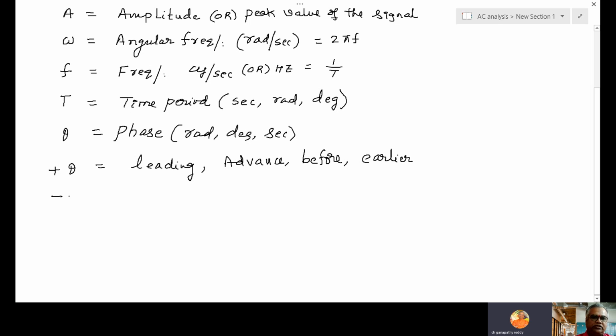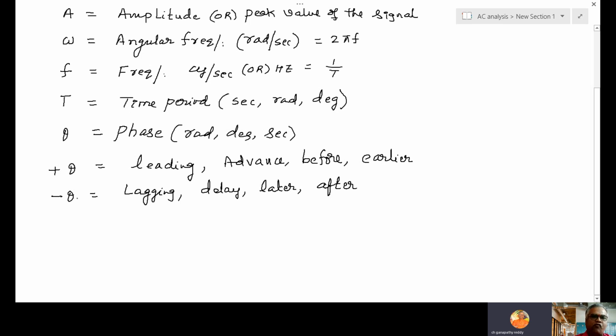If it is minus theta, it is lagging, or delay, or later, or after. These are similar words.